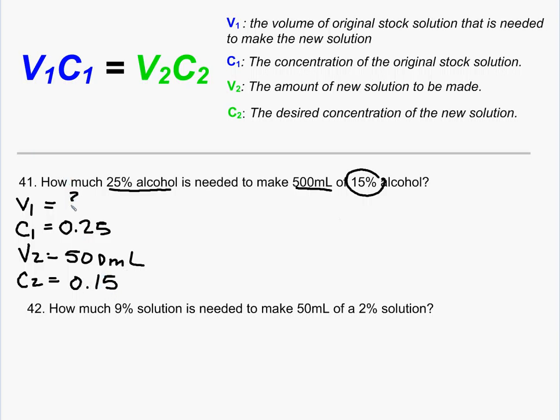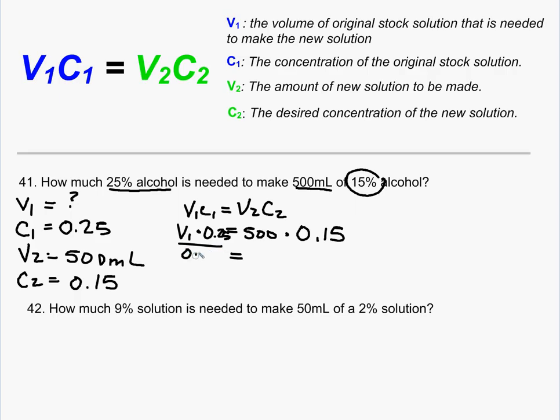And I'm looking for V1, so using my formula, I will put in my data. V1 is my unknown, concentration is 0.25, ran out of room, and V2 is 500 milliliters times 0.15.